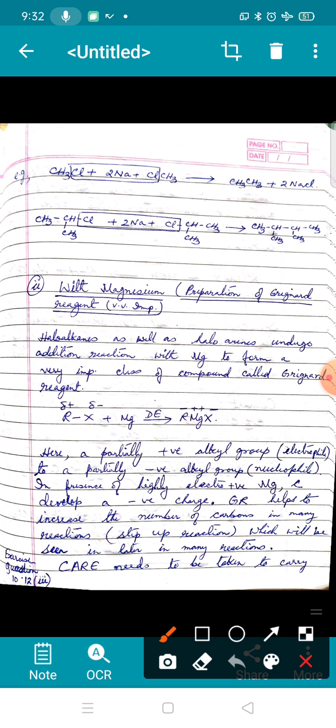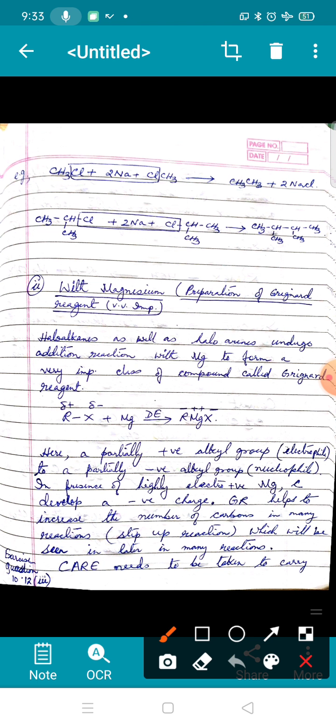And that is why Grignard reagent plays a very important role in nucleophilic reactions. So here a partially positive alkyl group, that is an electrophile, changes to a partially negative alkyl group. Okay, in presence of highly electropositive magnesium, carbon develops a negative charge.